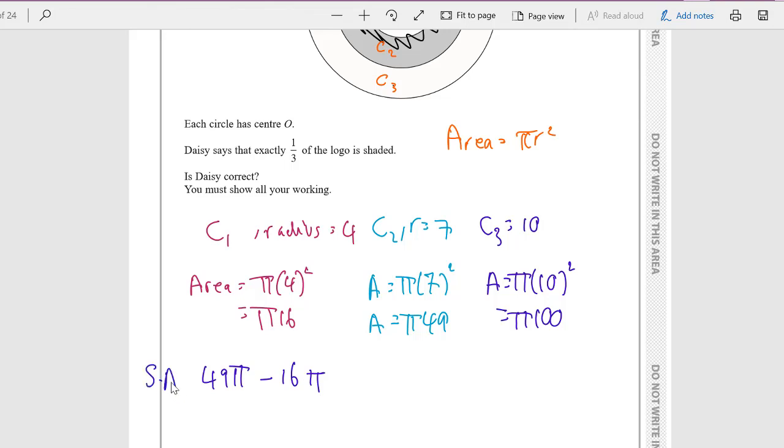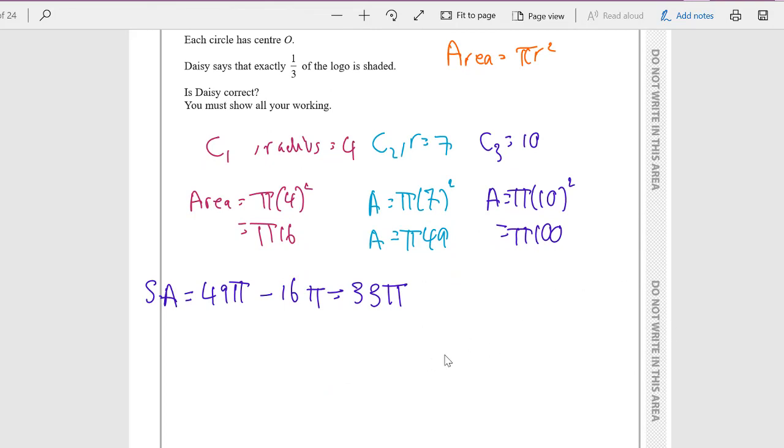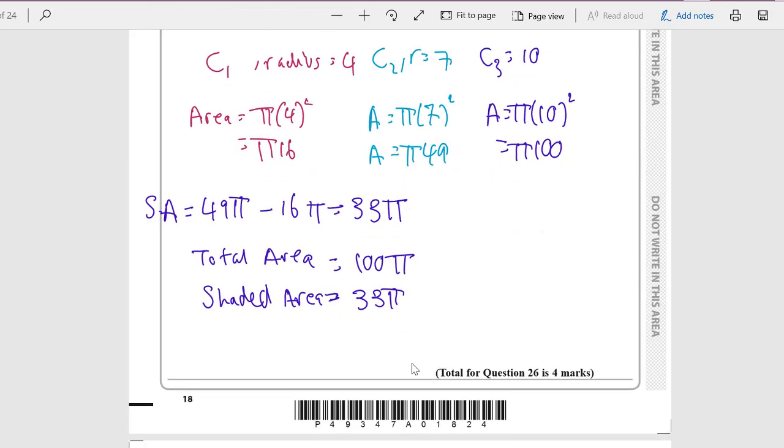So this is the shaded area, okay, equals 33 pi. So we know that the total area equals 100 pi, right? But the shaded area equals 33 pi. So let's do this, 33 over 100.